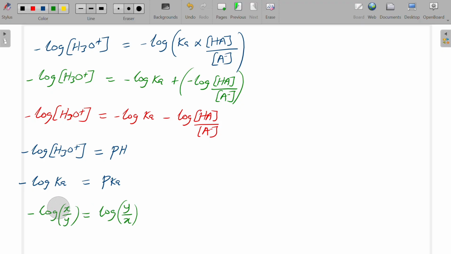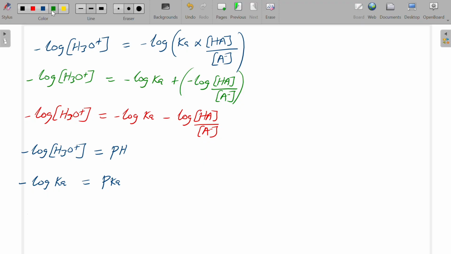So we are going to apply this concept we have here. Negative log of x over y is the same as log of y over x. So this is what we are going to apply here. Negative log of HA concentration over A minus concentration is the same as log of A minus concentration over that concentration. So let's do that. Let me put it here so that you can see it.